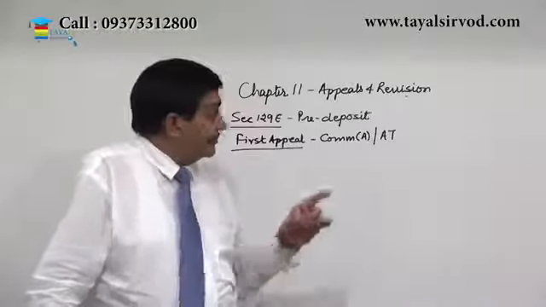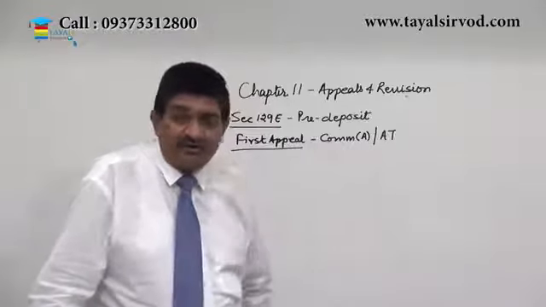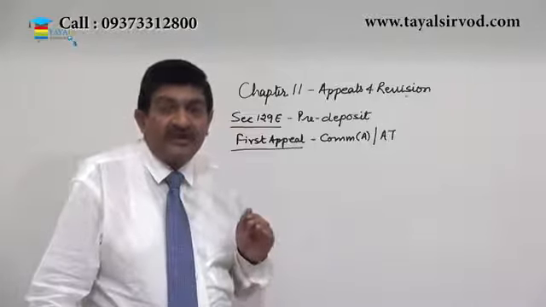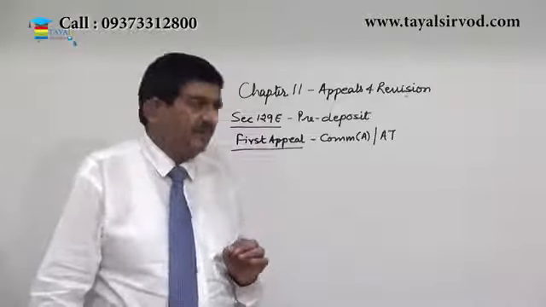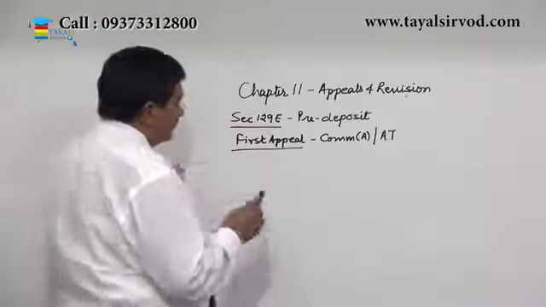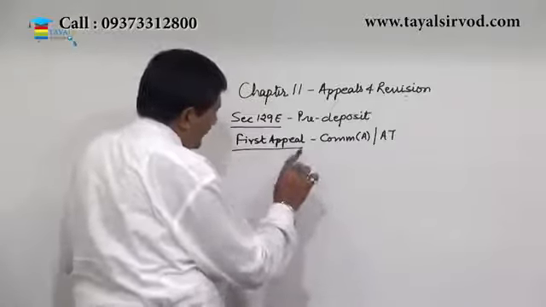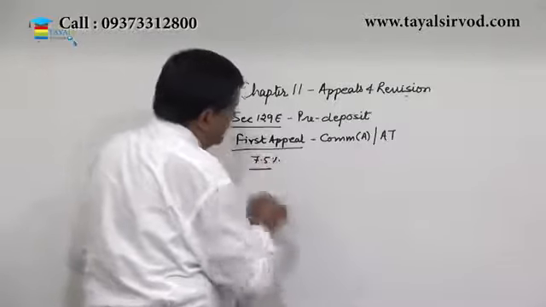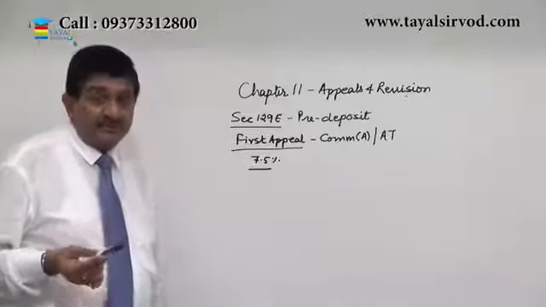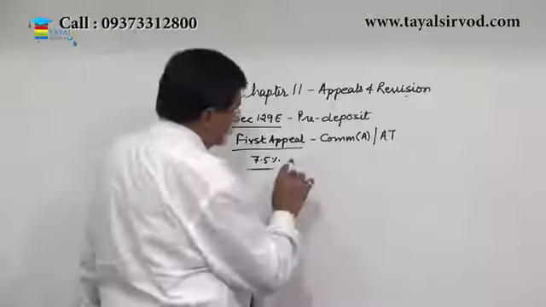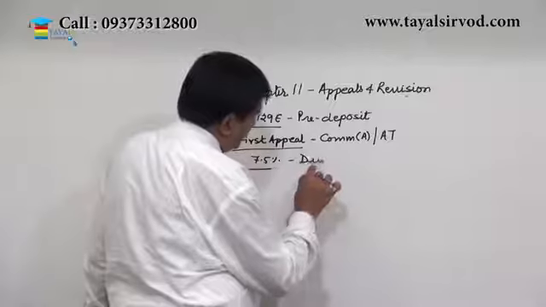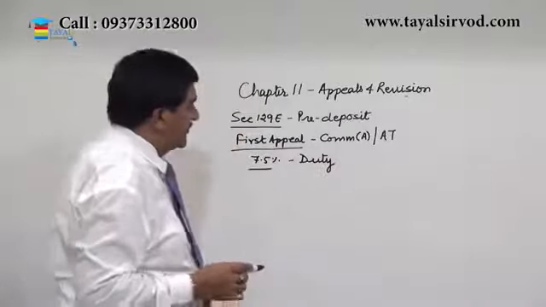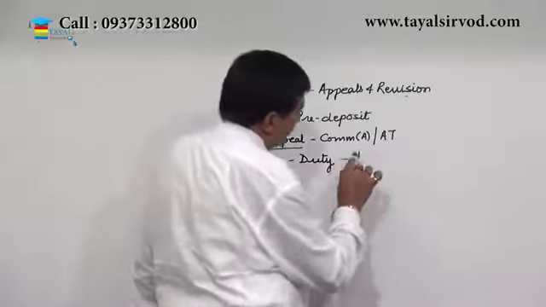Right. So the first appeal can be before the appellate tribunal if it is against the order passed by the Commissioner or Principal Commissioner as adjudicating authority. So in this case, the pre-deposit is 7.5%. But 7.5% of what? If it is a question relating to duty, then 7.5% of duty.